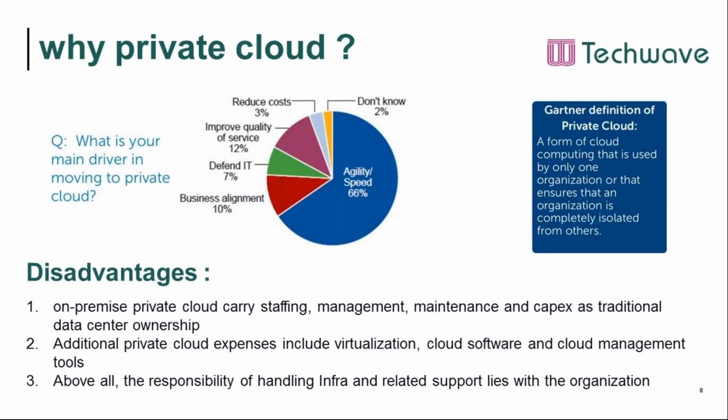If it is OpenStack, that's fine, where you don't have to bother much about the licensing, but more or less, again, you need to get an expert to deploy, design, and do the needful, right? Again, as I'm saying, point number three, the responsibility of infra is with you, and you need to take care of related support.